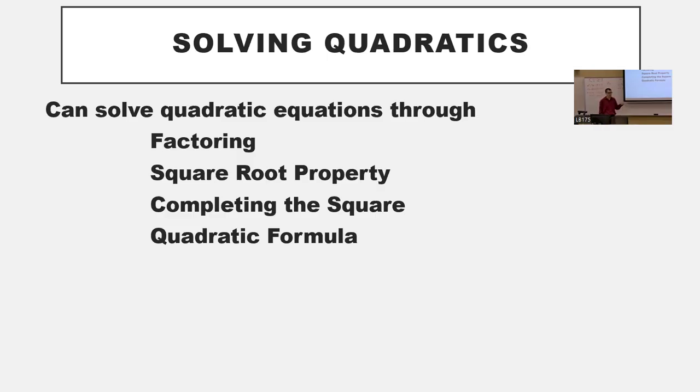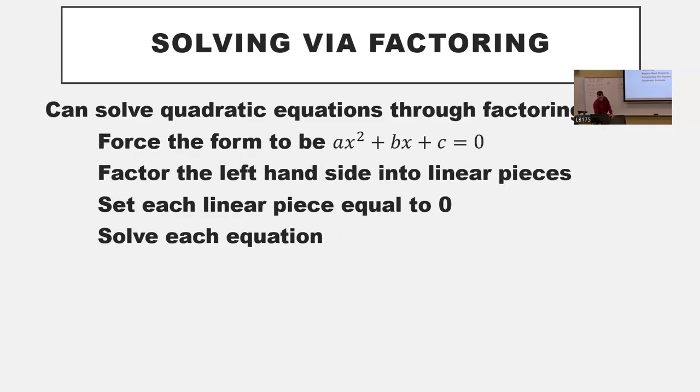If it has that x minus something squared, I can easily get it to x minus something squared is equal to a real number, and I'll use the square root property. If it can be easily factored, I'll factor it. If it doesn't have a nice square root property form, and if I can't factor it easily, then I'll probably turn right to the quadratic formula and be done. Make sense? Good.